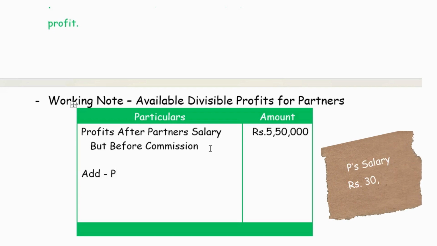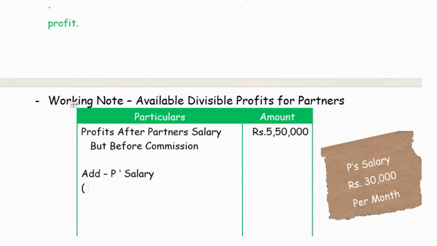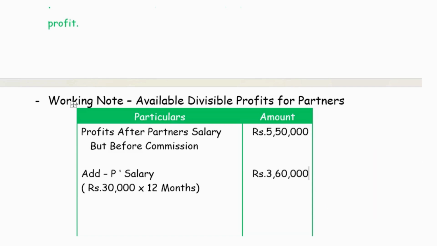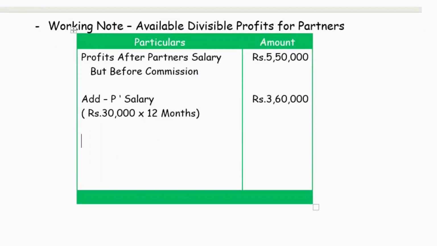So first is P's salary. This partner has received a salary of rupees 30,000 per month. For 12 months he would have received rupees 3,60,000. This has been already adjusted. And for the other partner, Q's salary is given for the annual value, per annum.